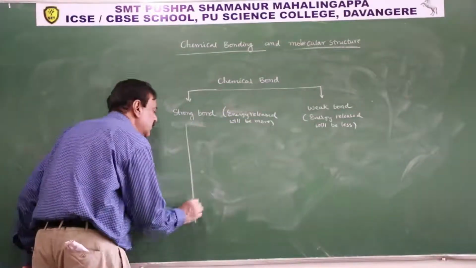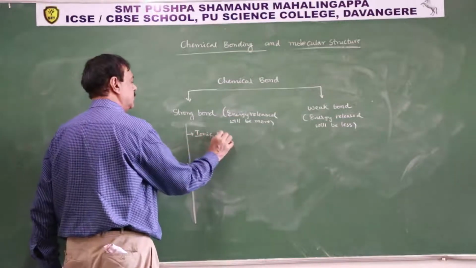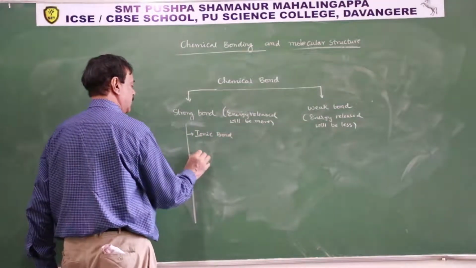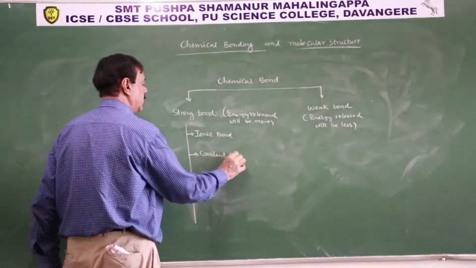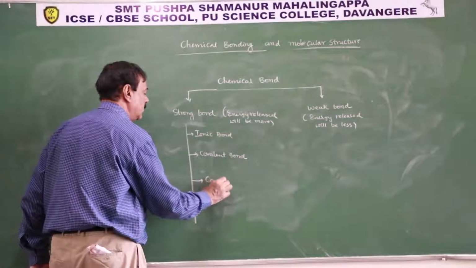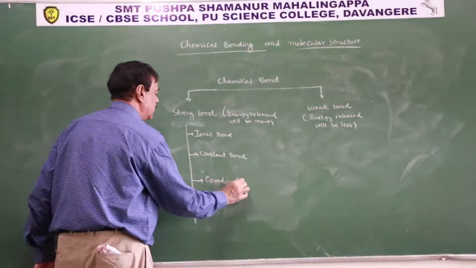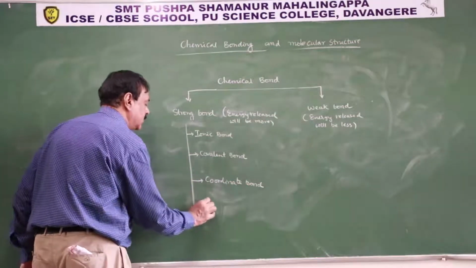Strong bonds mean ionic bond, covalent bond, coordinate bond or dative bond, and metallic bond.